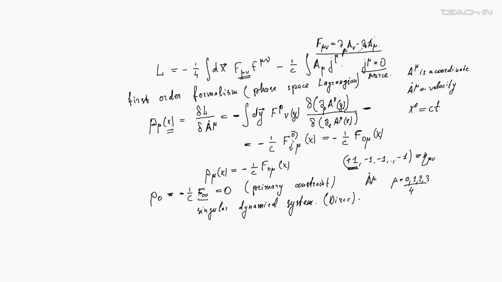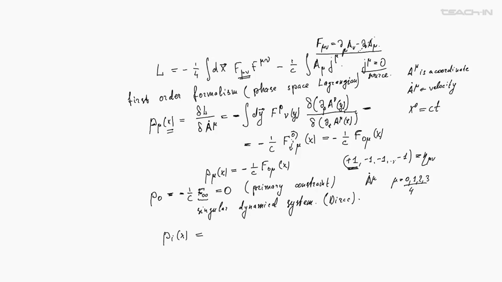As to the other components of the canonical momentum, they coincide up to an overall factor -1/c with the electric field. That you can see very explicitly from the following consideration. You take pi on x. What is this? This is -1/c f0i depending on x.